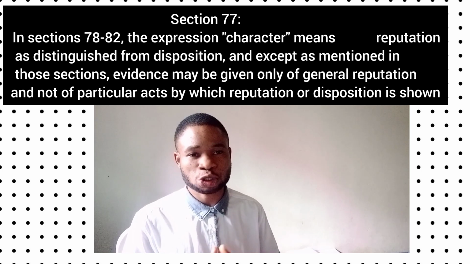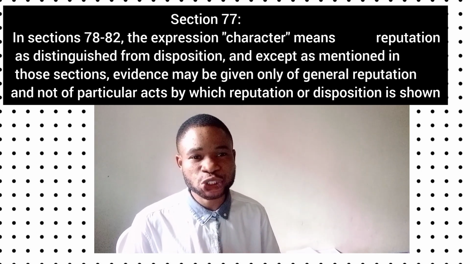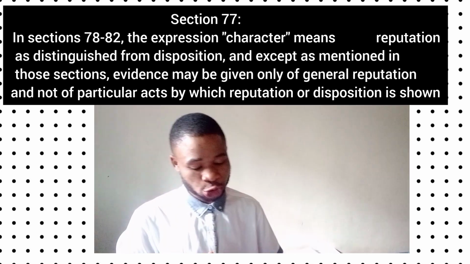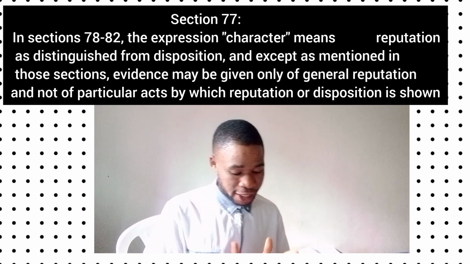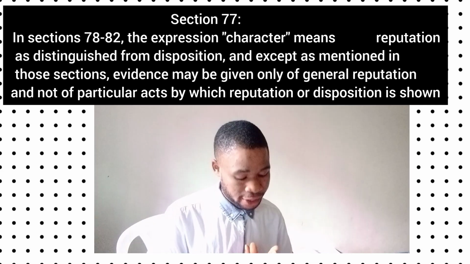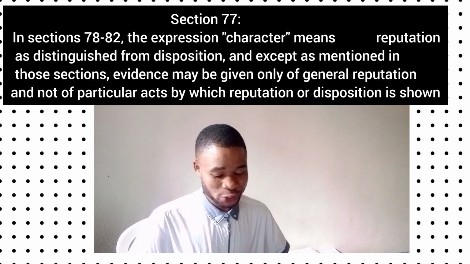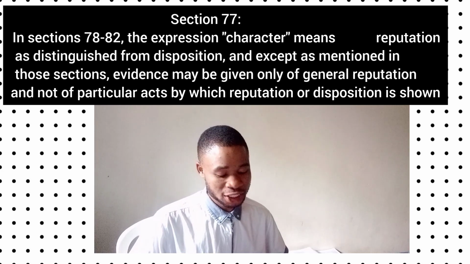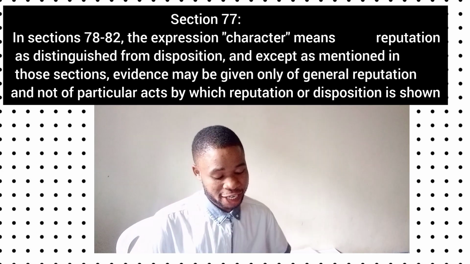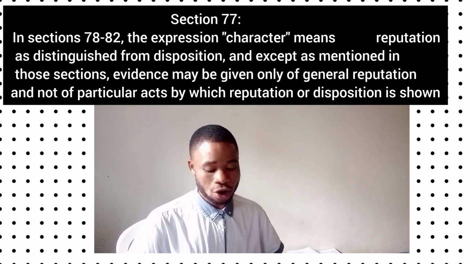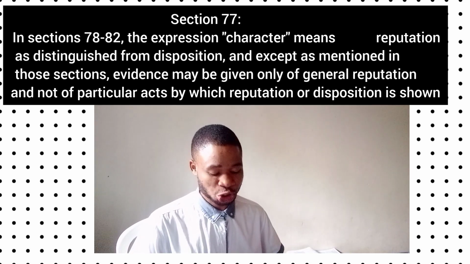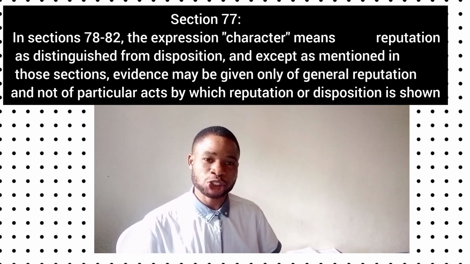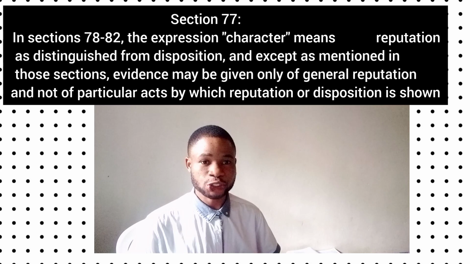means reputation as distinguished from disposition, and except as mentioned in those sections, evidence may be given only of general reputation and not of particular acts by which reputation or disposition is shown.